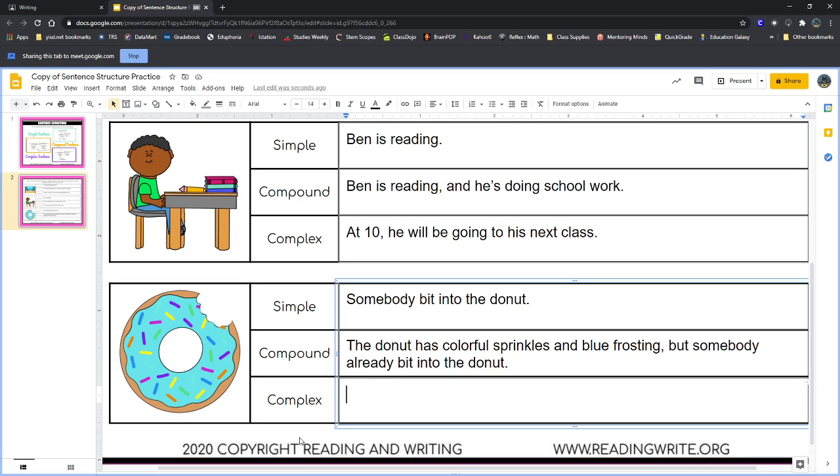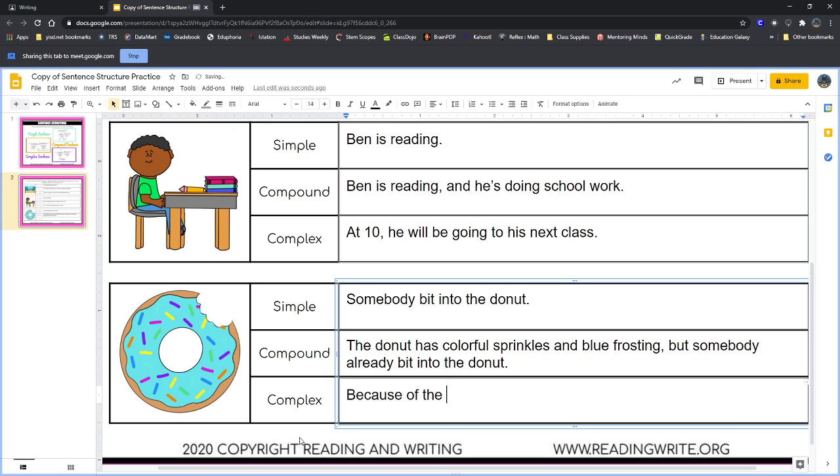That's all right. What do you think about the donut? Okay, so the donut has sprinkles on it. If you had that donut in real life, would you want it? Yes. Okay. Why would you want it? It has blue sprinkles. Okay, so we could do that.